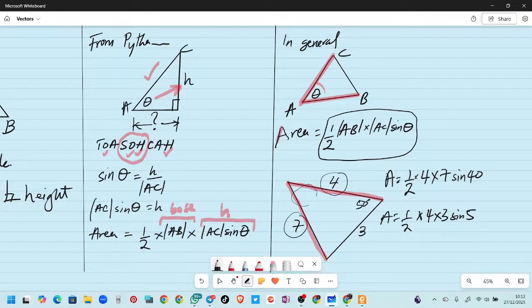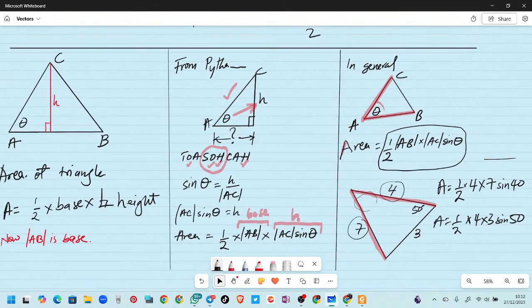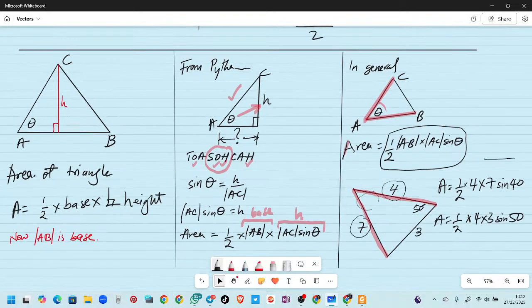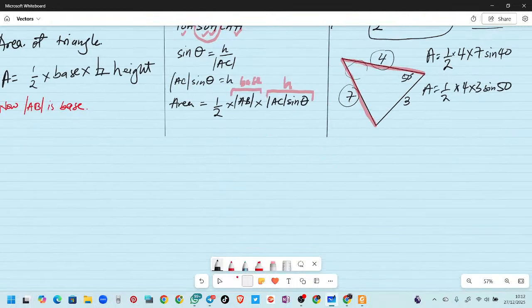And 50. Are you okay? Very good. You come and apply this concept again in sine rule and cosine rule when you start doing Lami's theorem and those stuff. So you can make a screenshot of this one. Okay. So now let's go prove the parallelogram.